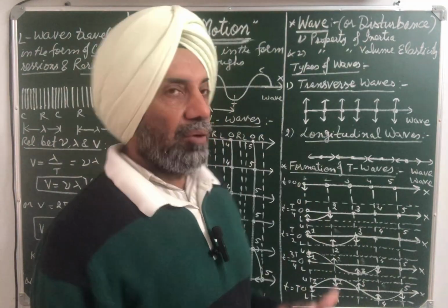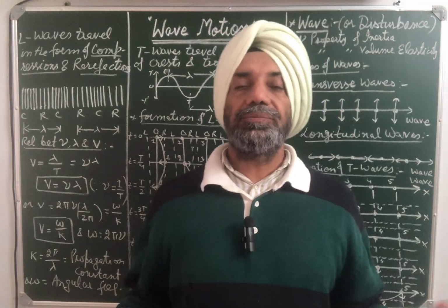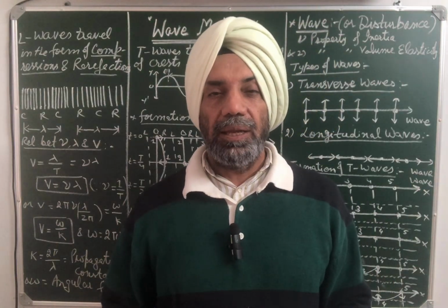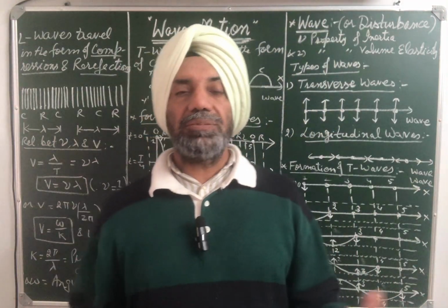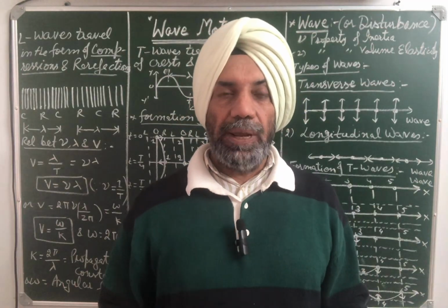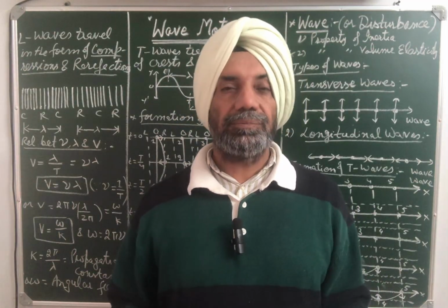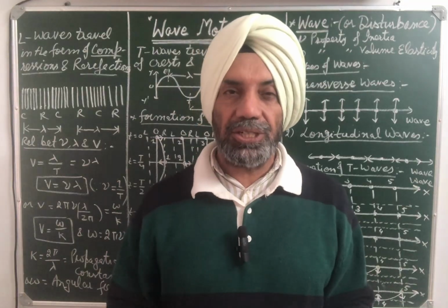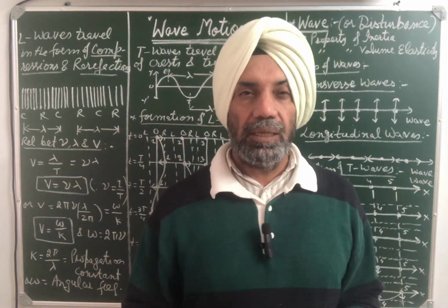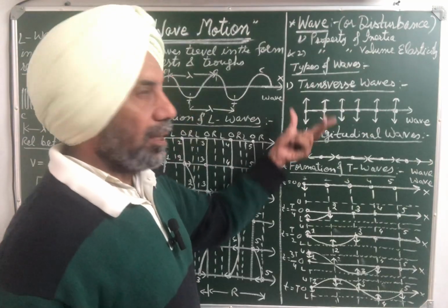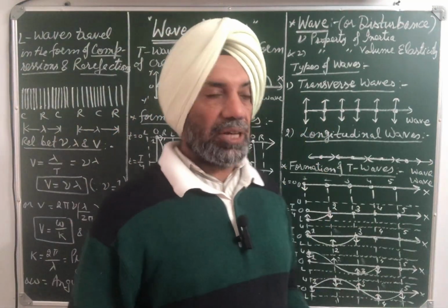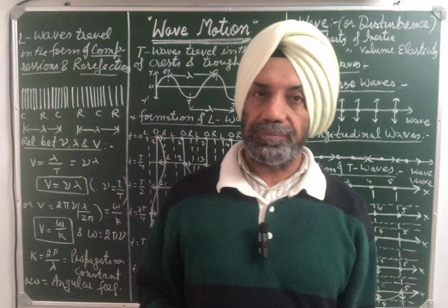For example, waves produced in a stretched string, all electromagnetic waves, and waves produced on the surface of water, that is ripples, are also transverse in nature. These are examples of transverse waves, which travel in the form of crests and troughs.